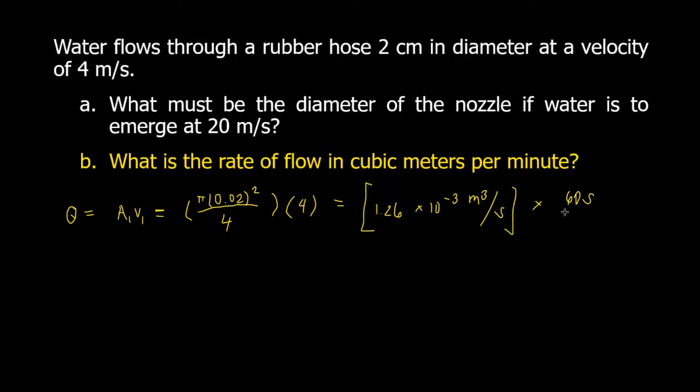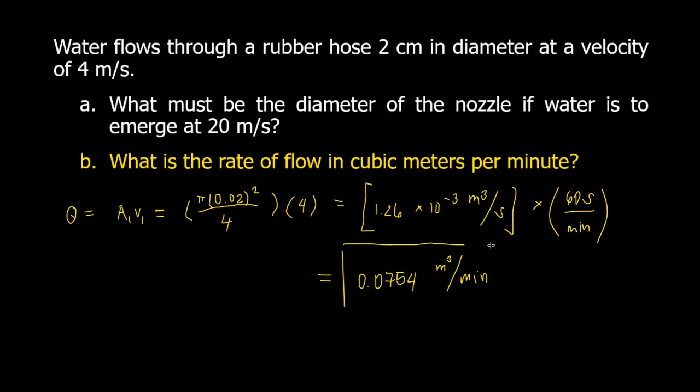So 60 seconds per minute. Diba? So that is 0.0754 cubic meters per minute. So that's how fast volume flows in that rubber hose.